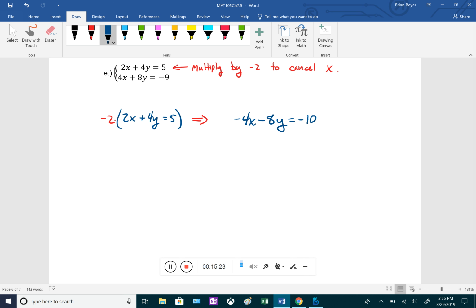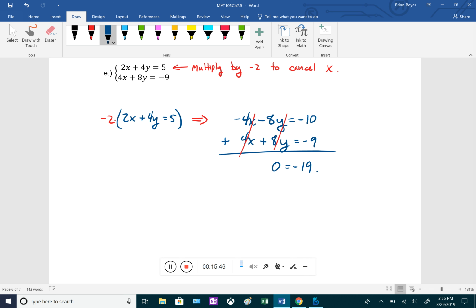And we're going to add this to the other one. So add 4x plus 8y equals negative 9. So we know the x's cancel out. The y terms also cancel out. We have negative 8 plus 8. So since they both canceled here, negative 10 plus negative 9 gives us negative 19.